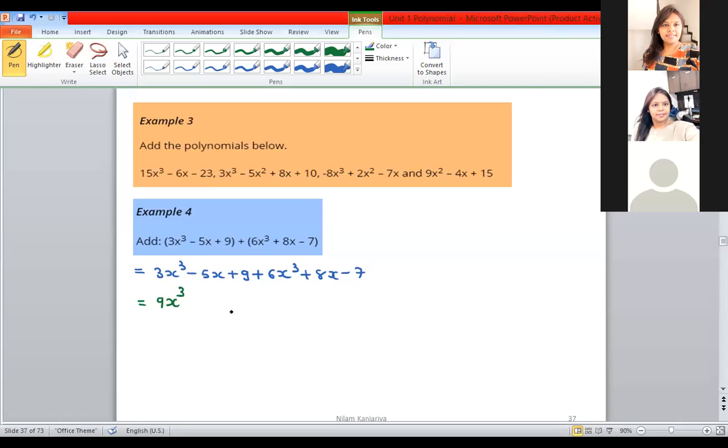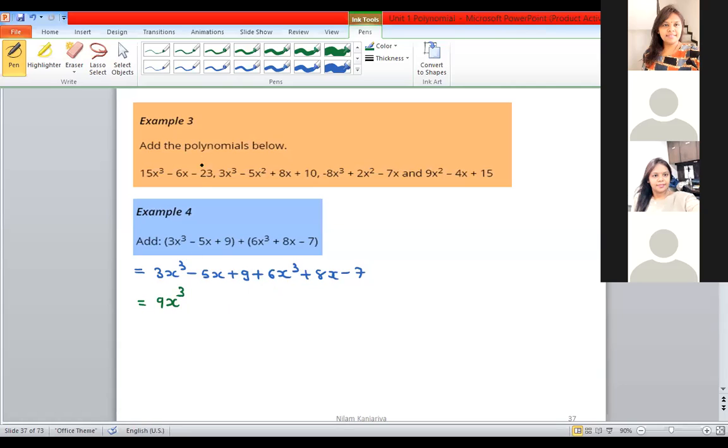After that, you start checking the x's and arrange them according to the powers. And then what is the answer? Any others? First is 9x cube plus 3x plus 2. Okay, right.